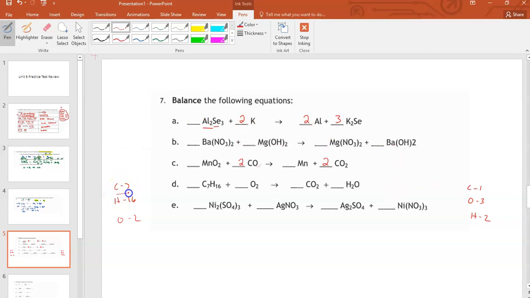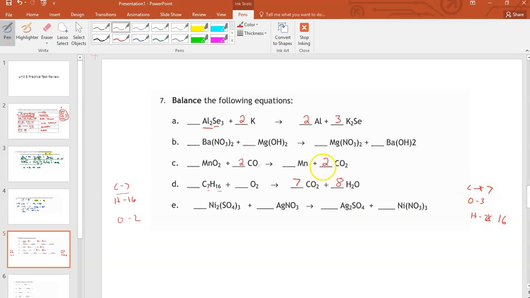So I've got 7 carbons over here. I'm going to go ahead and put a 7 there to make this a 7. Now I have balanced my carbons. I have 16 hydrogens here. I need 16 on this side, so if I put an 8 there, 8 times 2 is 16. That takes care of the hydrogens.